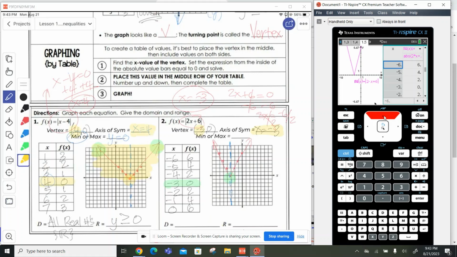Okay, now minimum or maximum. Is the vertex the lowest point or the highest point? And like I said, in this type of function, it's a minimum because the vertex is the lowest point, and the lowest point of the given graph is y equals 0. Now for the domain and the range, since there are two arrows at each end, the domain will be all real numbers.